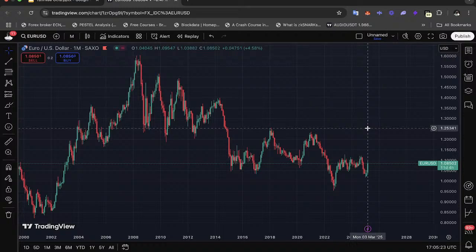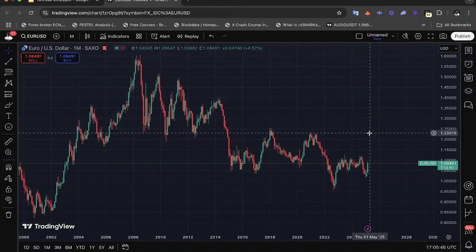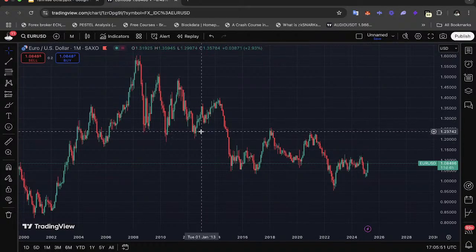Now, in our top to bottom approach, some of the key things we pay attention to is market structure. Okay, market structure. What is going on in the market? All right. And also we pay attention to key levels. What is the key level of support and what is the key level of resistance?